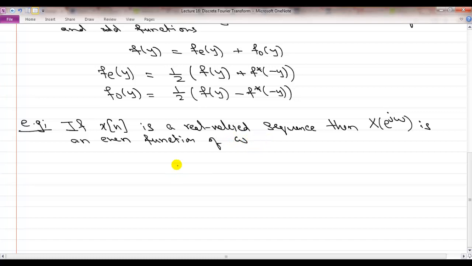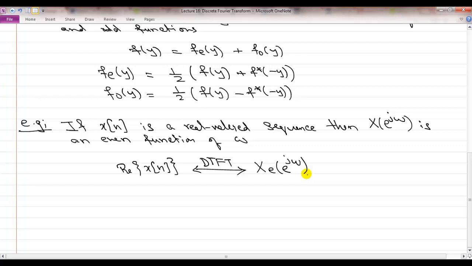And that really comes from the property that the real part of x of n, which is the formal symmetry property, if you take the DTFT of that, is related to the even part of your Fourier transform. A similar version exists even if you are doing continuous time.